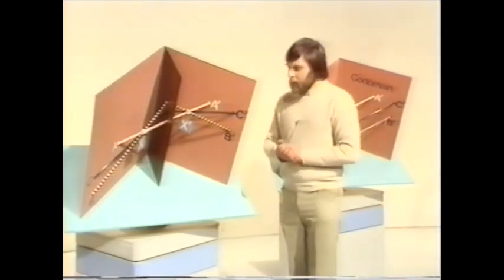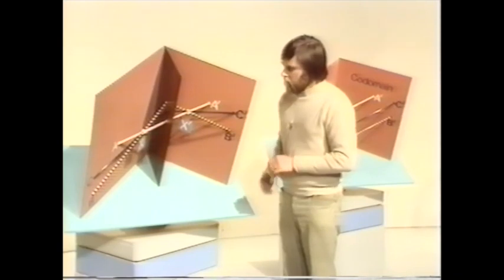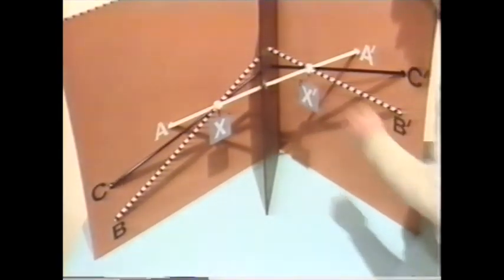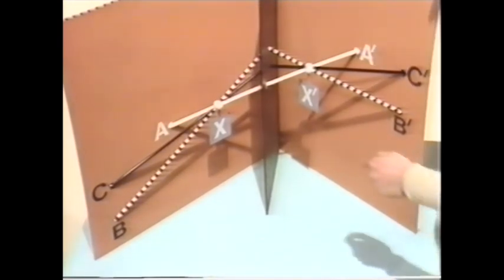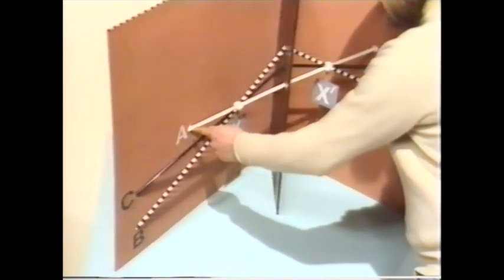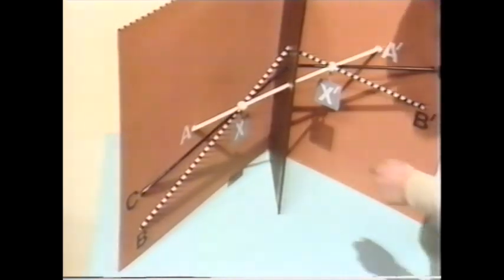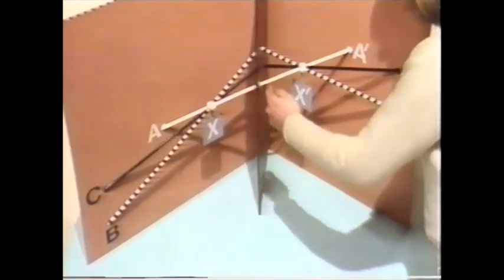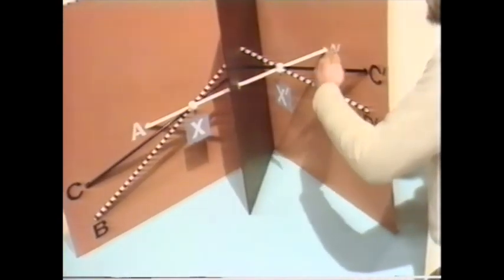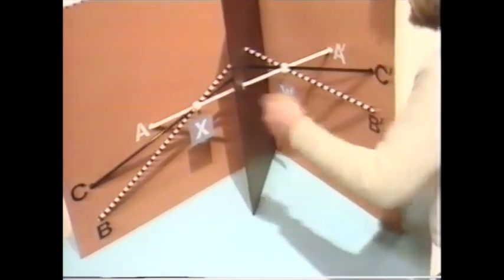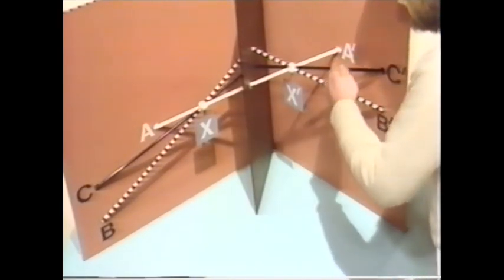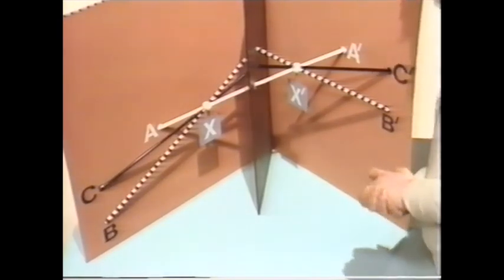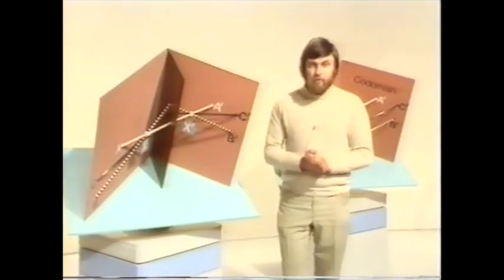Well, the explanation requires several steps, and the first thing to notice is that the line x dashed defines a line in space, and it meets the domain at a point A. Now, A is projected through x to the intermediate plane, and then straight on through x dashed to the codomain. So A dashed is one of our original lines, so x and x dashed must both lie on one of our original rays. So that's one restriction.